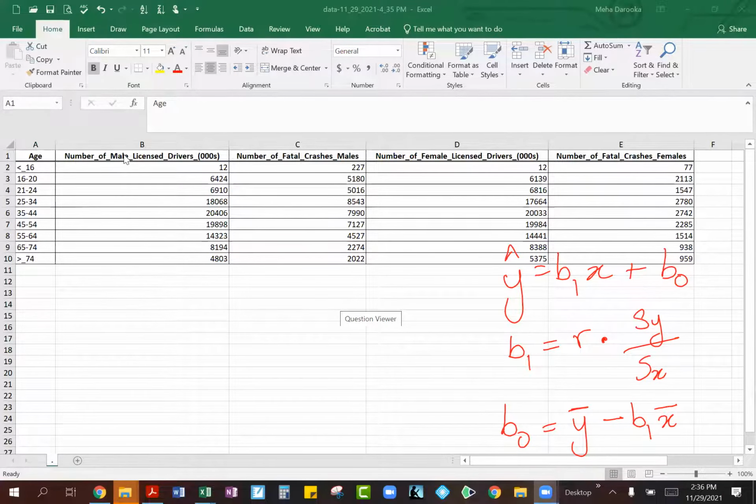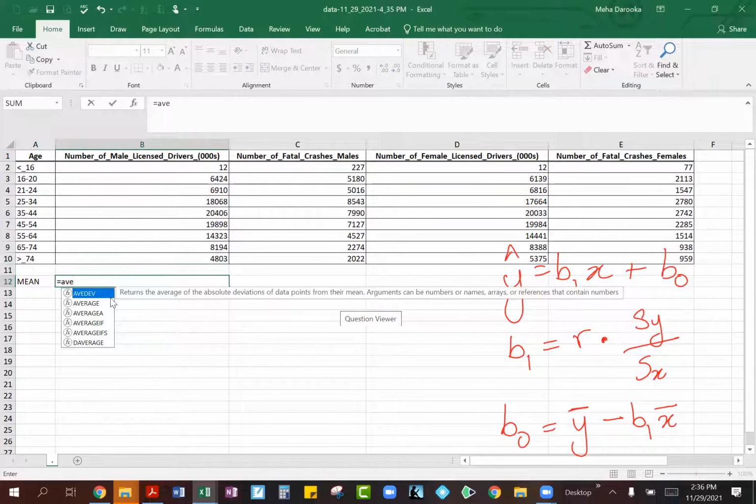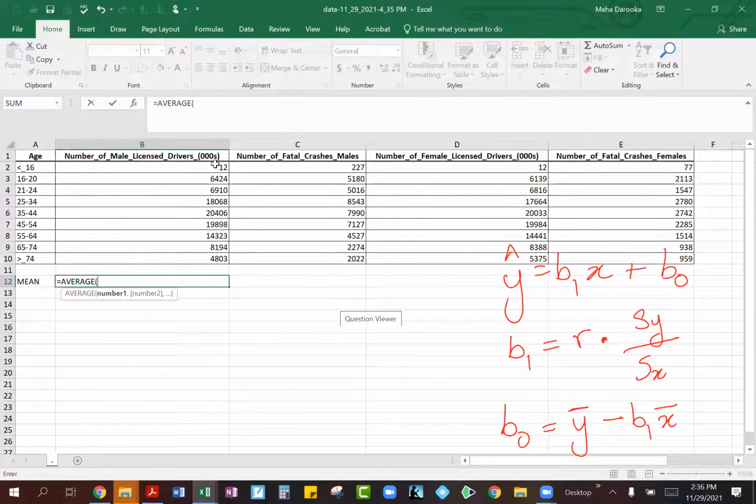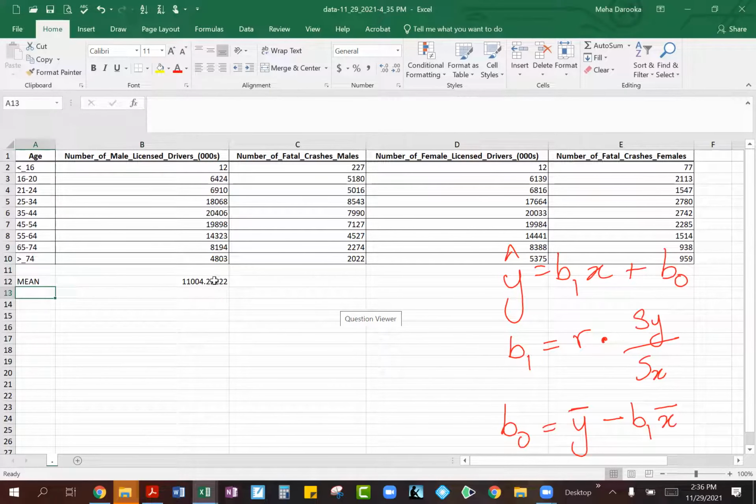So remember, we're using the licensed drivers as our X values and the fatal crashes as our Y values. So we'll start by finding the average or the mean over here. So let's do mean for each one of these columns. So that's our function average for the licensed male drivers.